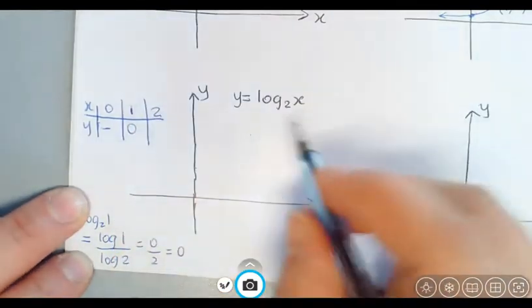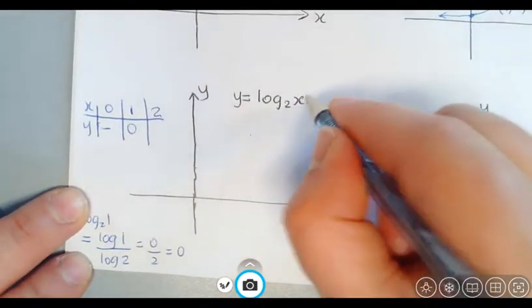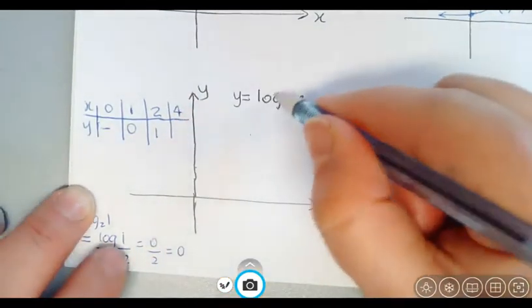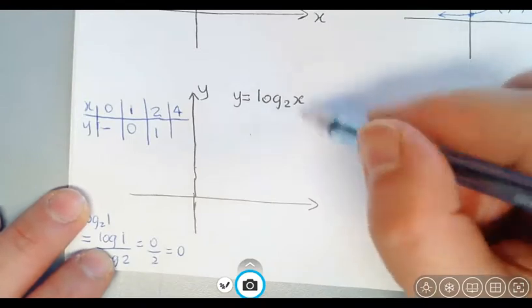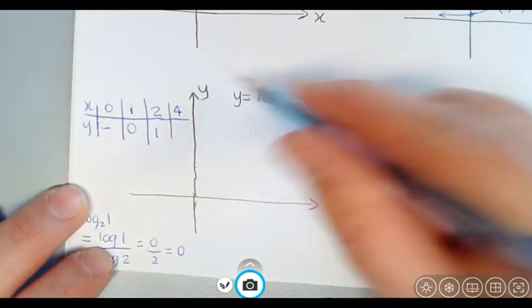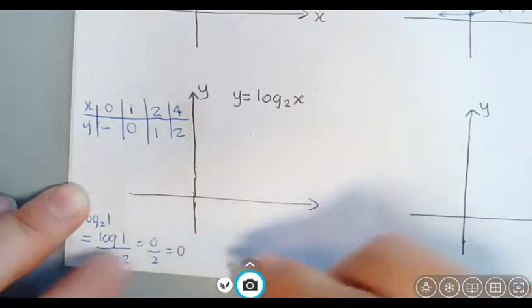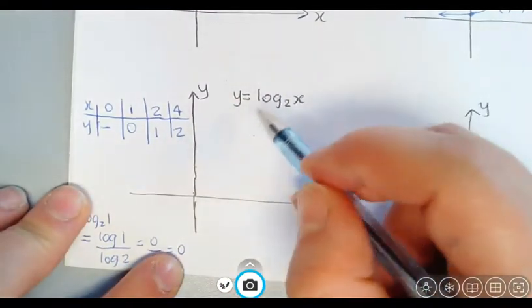Okay, and 2 is a really good value to choose. So log to the base 2 of 2 is 1. And actually 4 is a really good value to choose, because log to the base 2 of 4, we say 2 to the power of what is 4, and it's 2. Okay, so just remembering that from prelim.